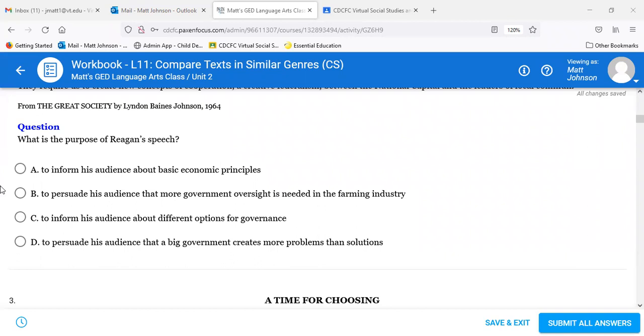Is it B? D, yeah, to persuade his audience that a big government creates more problems than solutions. So yeah, that's the idea, right? When he talks about our founding fathers and their ideas of government, he's making a generalization there. We talked about that, when he talks about our founding fathers as a group.